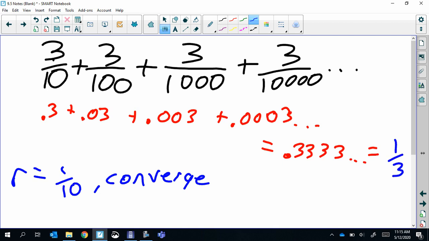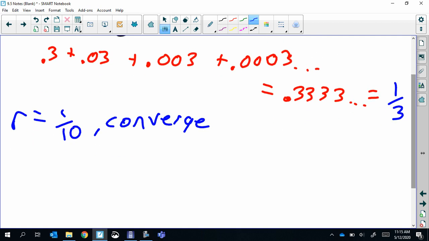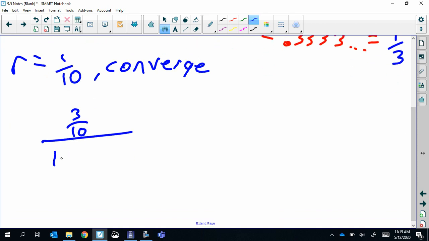If we use the formula, A1, which was 3/10 divided by 1 minus r, we get 3/10 divided by 1 minus 1/10.